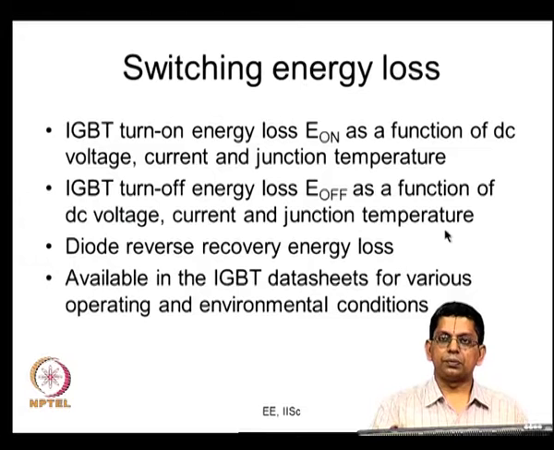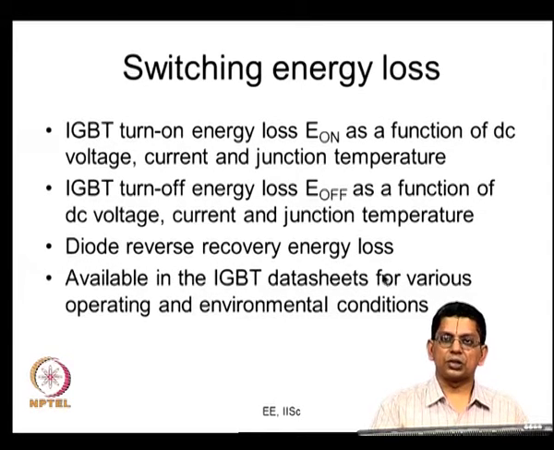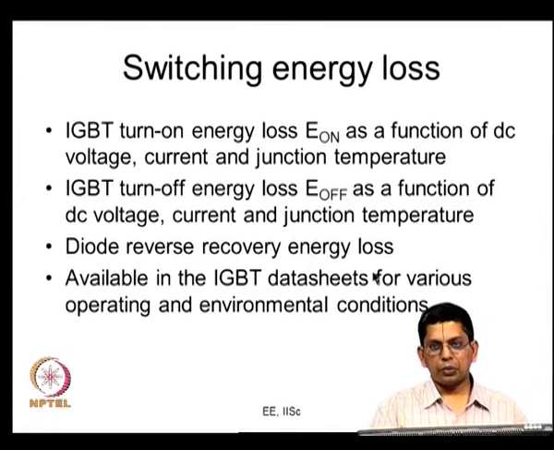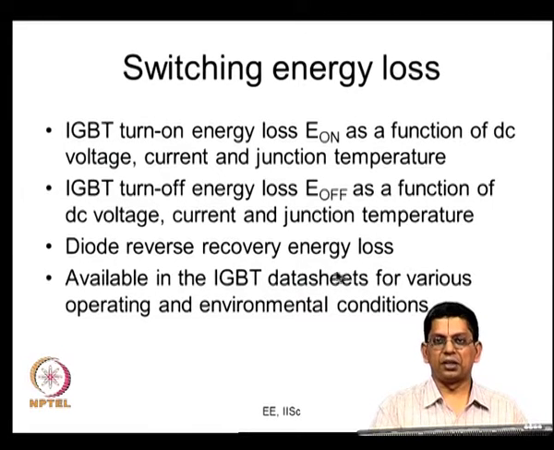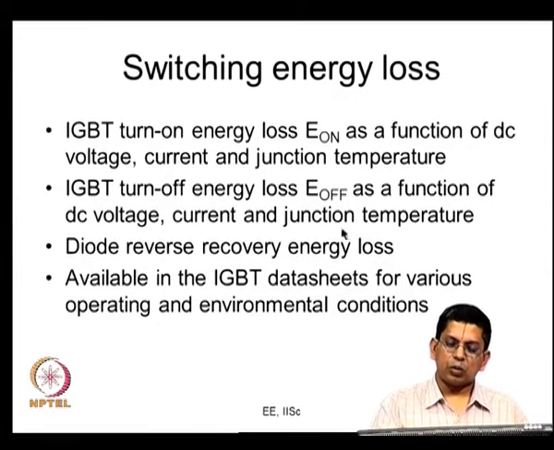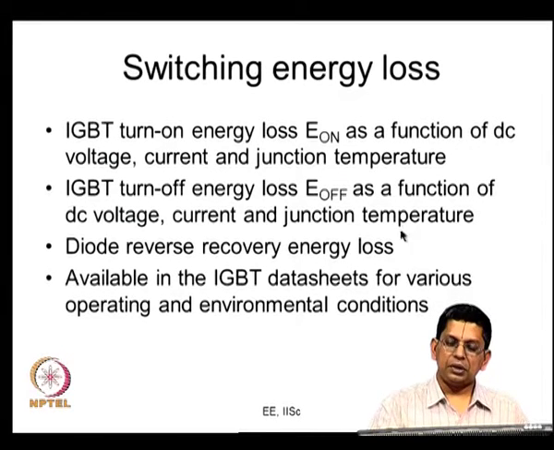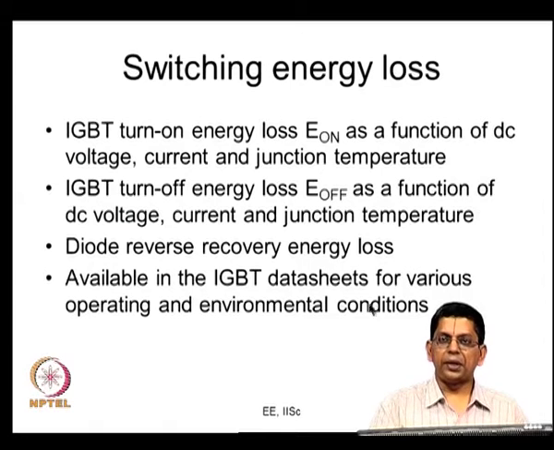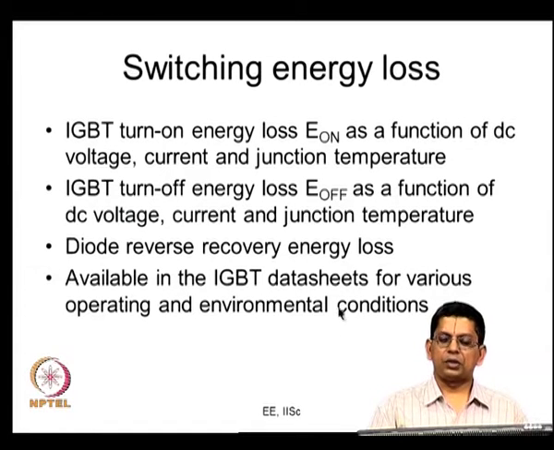It also depends on the junction temperature. There is also the diode reverse recovery energy loss. You not only have the IGBTs, you also have the anti-parallel diode, and every time the diode turns off, there is what is called a reverse recovery process, with a certain amount of energy loss associated with it. All of these we need to get from the IGBT data sheets. Let us say there is a 75 ampere, 1200 volt IGBT data sheet with anti-parallel diodes.